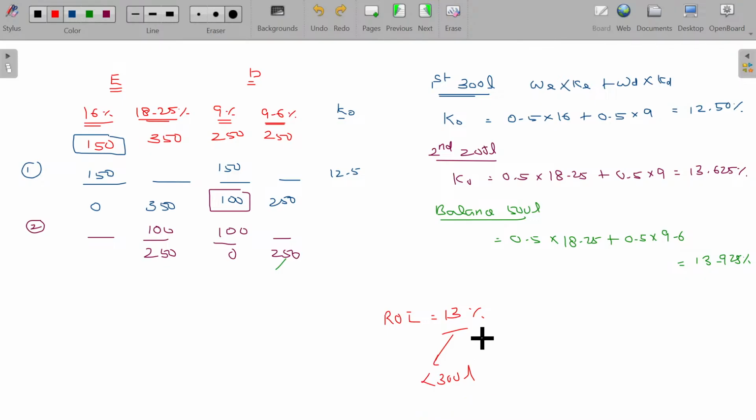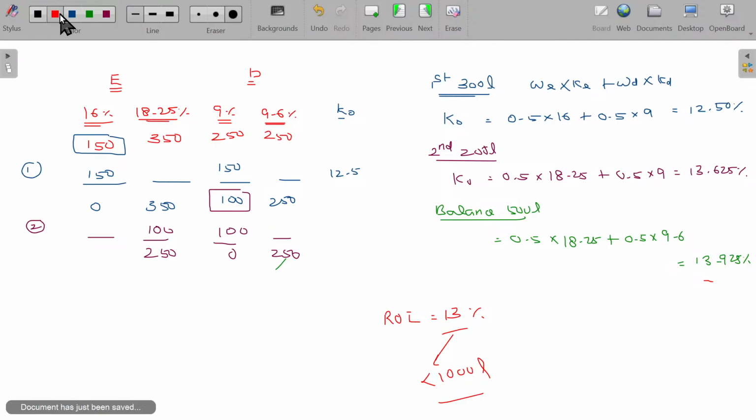Suppose the fund requirement is not 300 lakhs but 1000 lakhs. In that case, I need 13.925% for compensating. Definitely it's not acceptable. Clear? Or you can add up all the six.